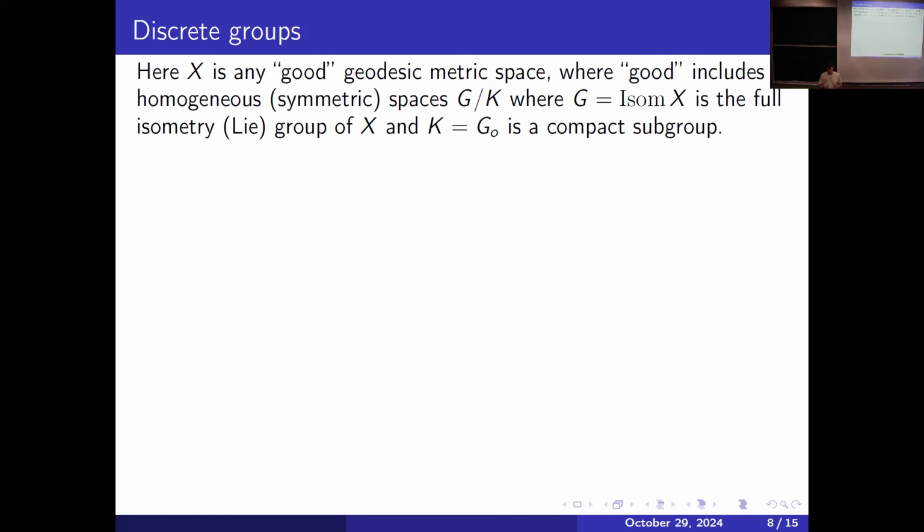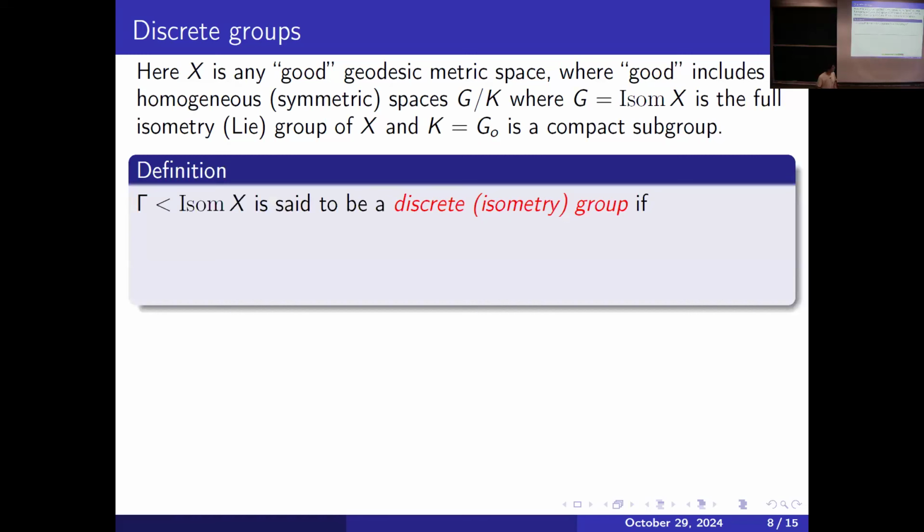We are not going to go into details of that, but this is a very broad class of spaces. But actually, something more complicated can be considered.